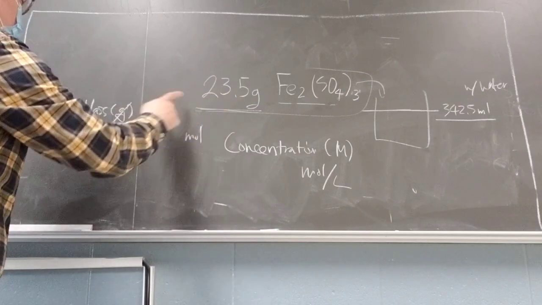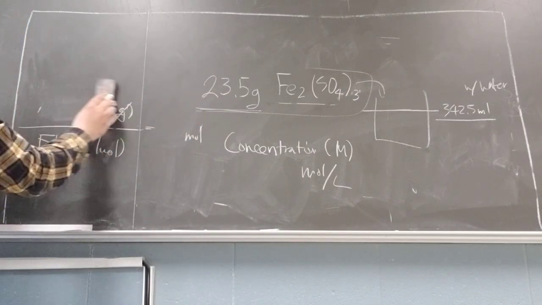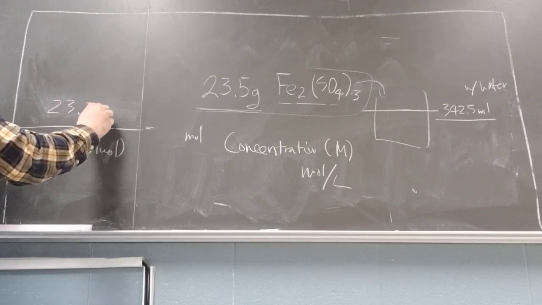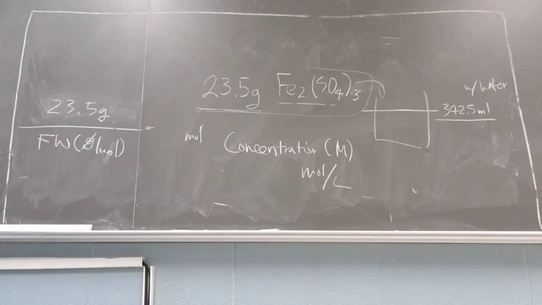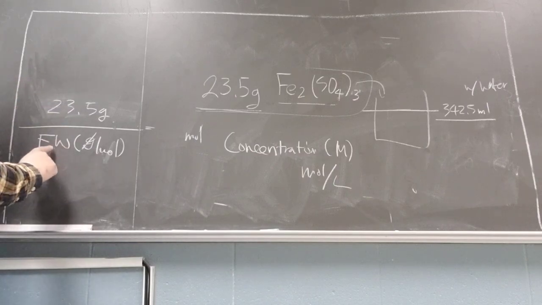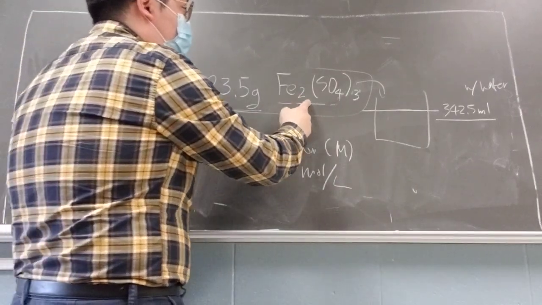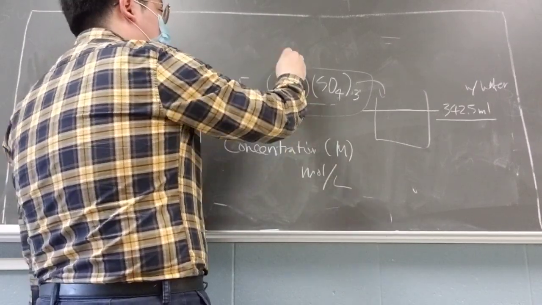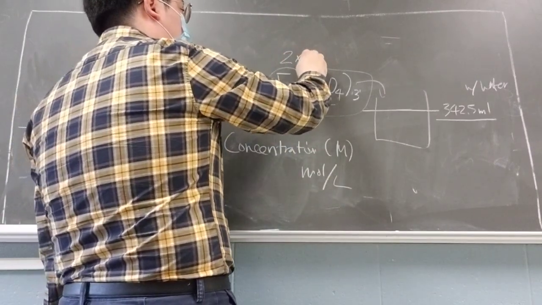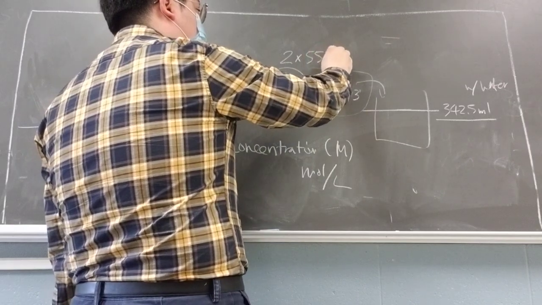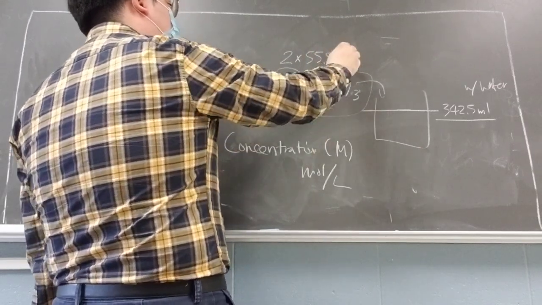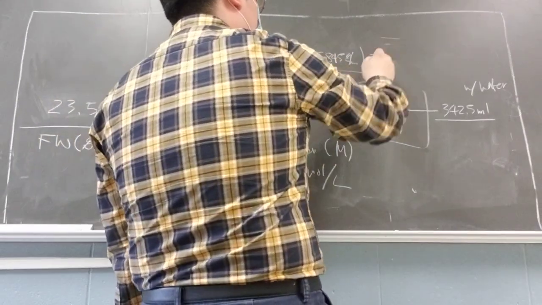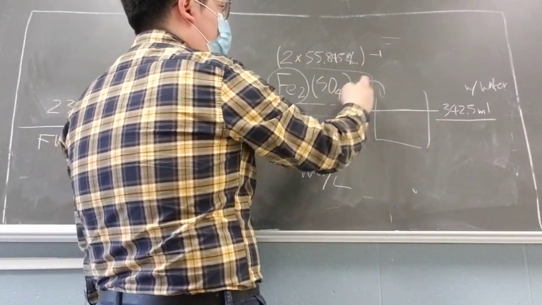So I'm gonna switch this one to 23.5 gram. Okay, and then now we need to look at the periodic table to find the formula weight of this one. So all you need to do is you have 2 iron here, so it'll be 2 times 55.845 gram per mole, okay, and plus you have a 3.